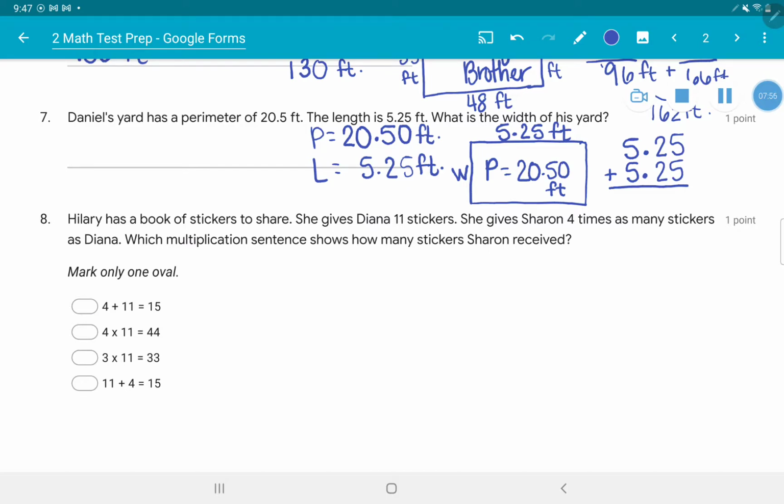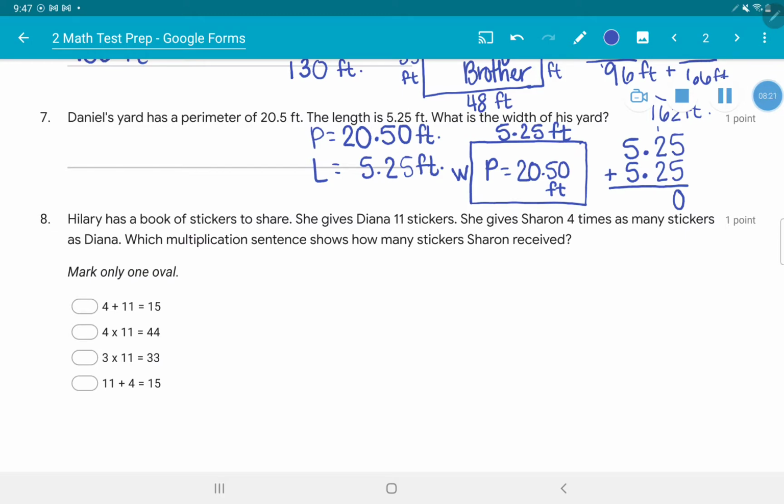Yeah, the exact same way that I would a whole number. I make sure my decimal point's lined up because that keeps my ones place lined up. If I add those, I'm going to add just like I would a regular number. I'm just going to ignore the decimal point and I'm going to add. So 5 plus 5 is 10.